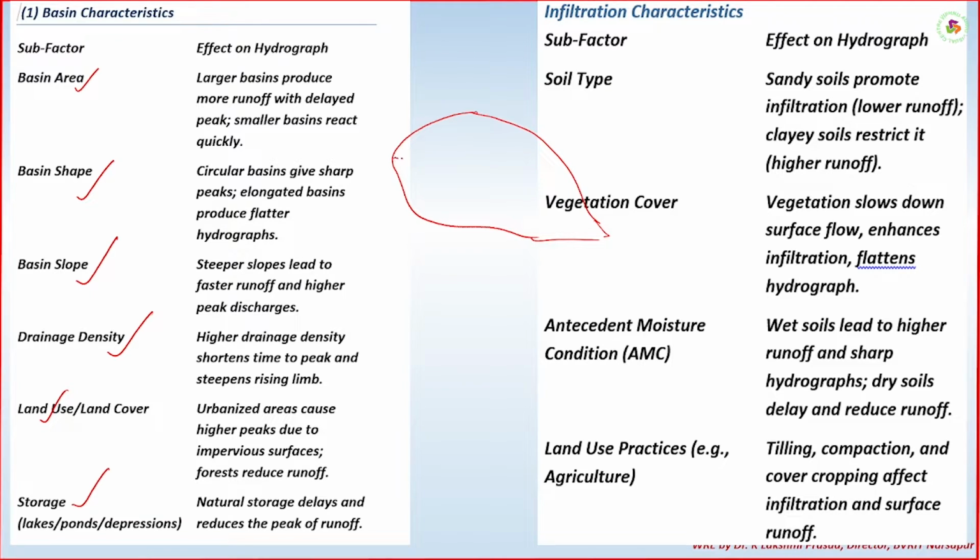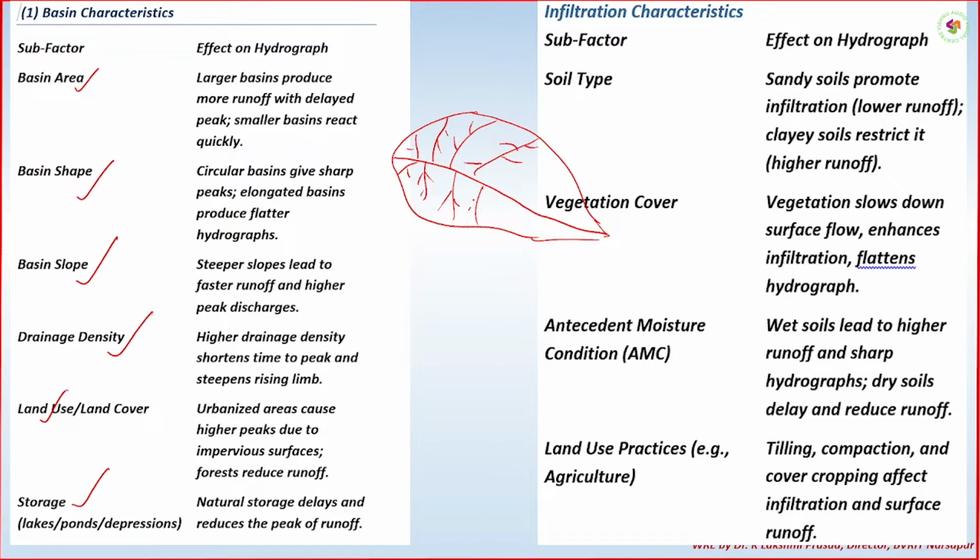This is the mainstream, and there will be substreams joining this mainstream. Many streams may be there in this catchment.